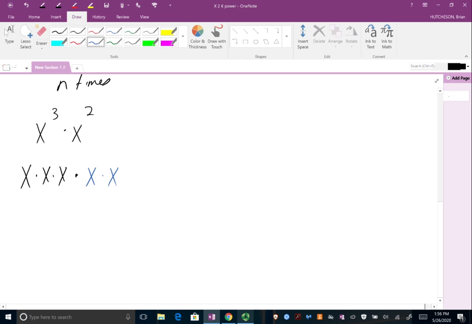Reversing our definition of exponent, this guy should be x to the 5th, because I have x times itself 5 times. Well, how do you get to a 5 using a 3 and a 2? Oh, we add. This becomes x to the 3 plus 2, which yields x to the 5th.